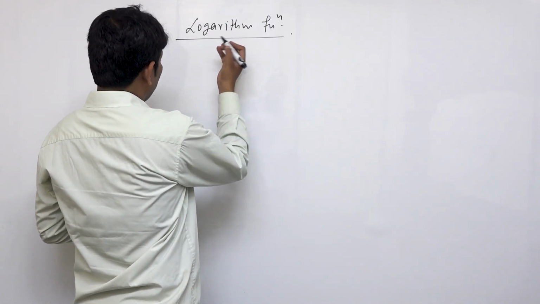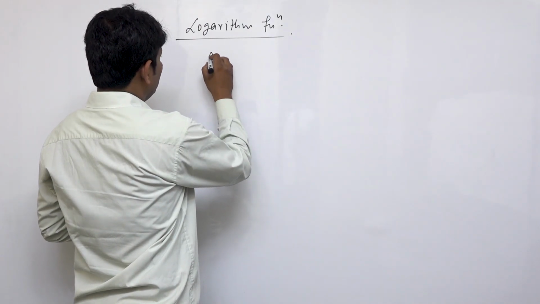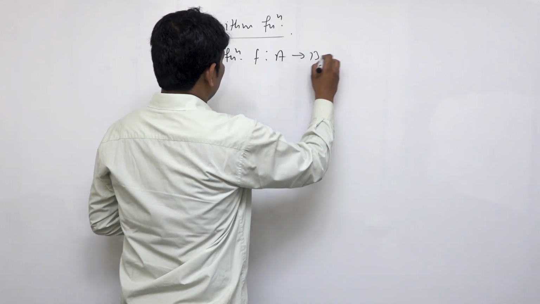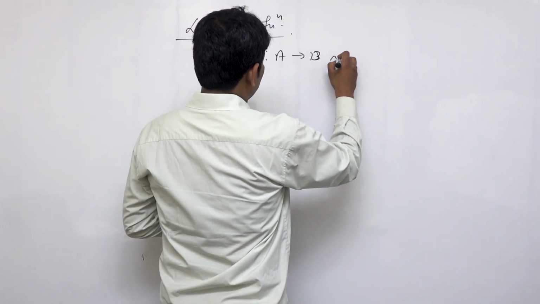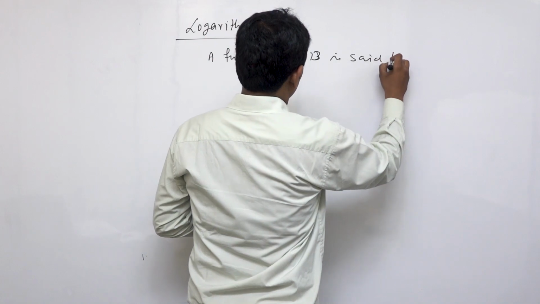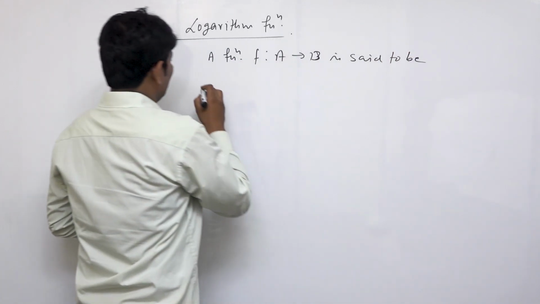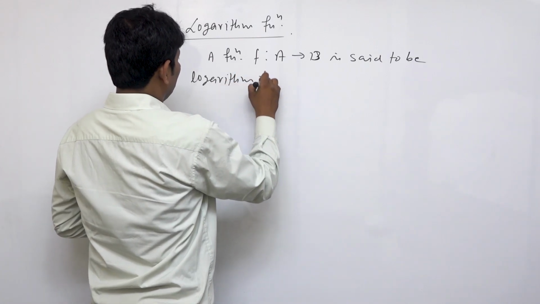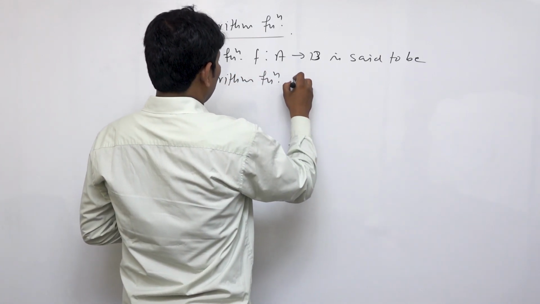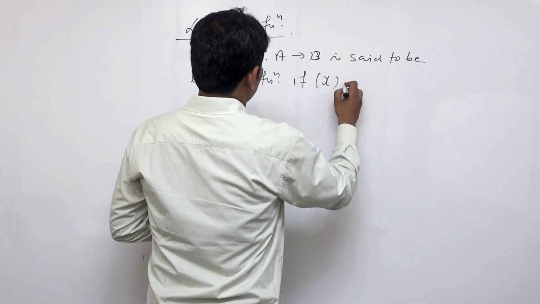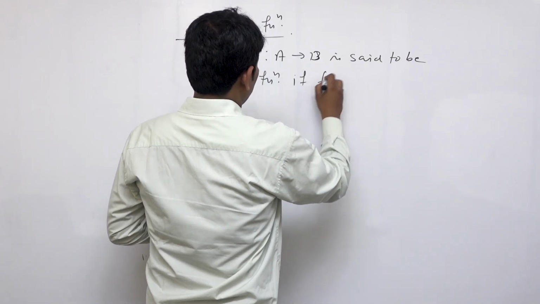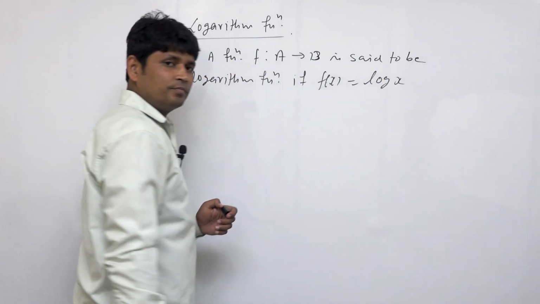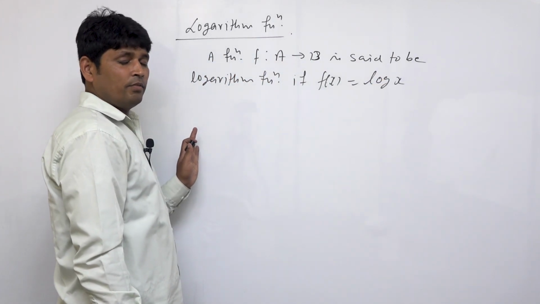Suppose a function f defined from A to B is said to be a logarithm function if f(x) is equal to log of x. That is called the logarithm function.